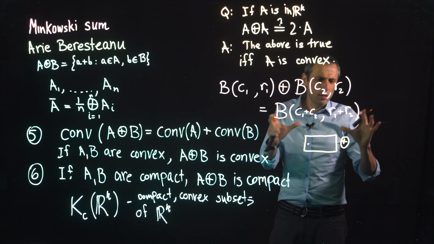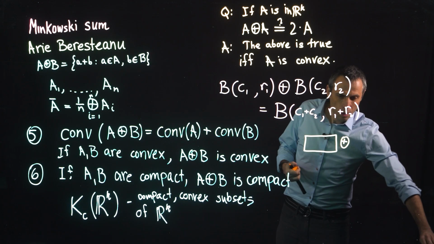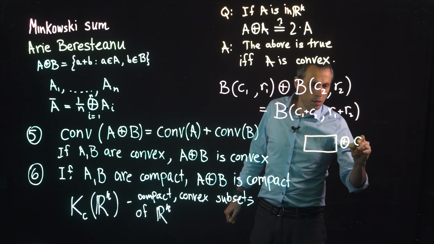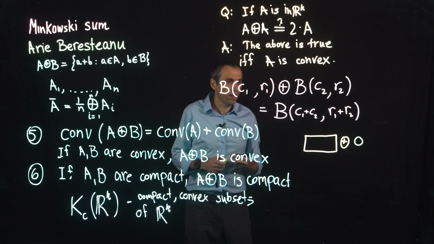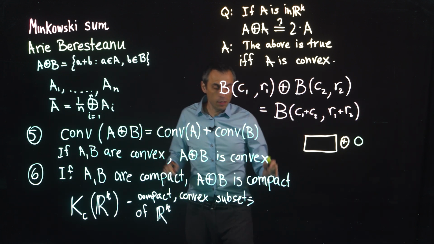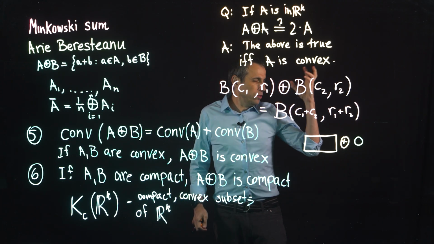I'm doing it in R squared because that's convenient to picture. So here is another set that is a circle. How do I sum two very different sets doing the Minkowski summation? Now you need to imagine the following thing.